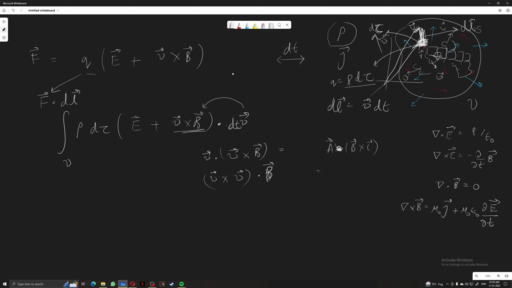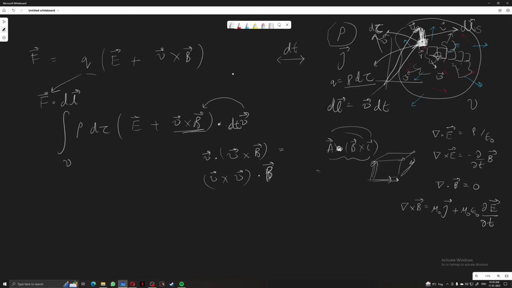Then you can write this in terms of cyclic permutations. That is, you can cycle through this a, b, and c, and it will be the volume, because this right here represents the volume of a parallelepiped formed by a, b, and c vectors. And if you cycle through these dot products, it's like choosing a different base for your parallelepiped each time, choosing a different vector as your base, a different one as your height.